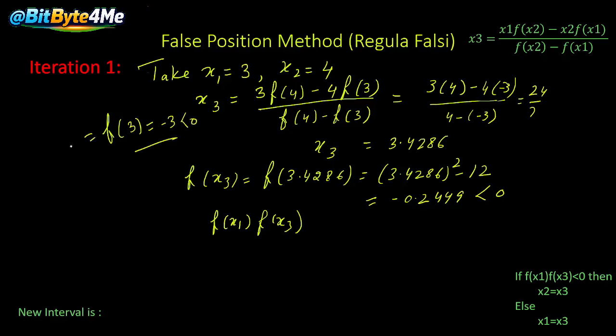So f(x1) is less than 0, f(x3) is less than 0, so the multiplication will be greater than 0. And if the multiplication is greater than 0, you will change x1 to x3.